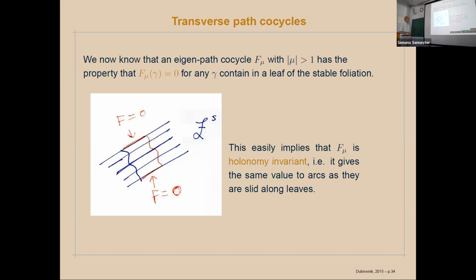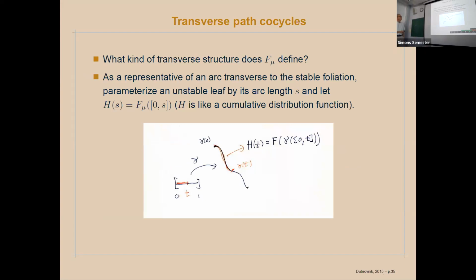It turns out that because this is an expanding eigenvalue, this eigen-transverse structure you're building, that assigns numbers to arcs, is actually holonomy invariant. We slide along leaves, the value doesn't change.